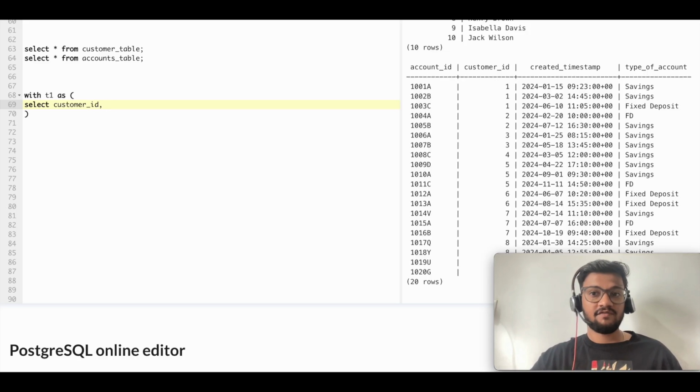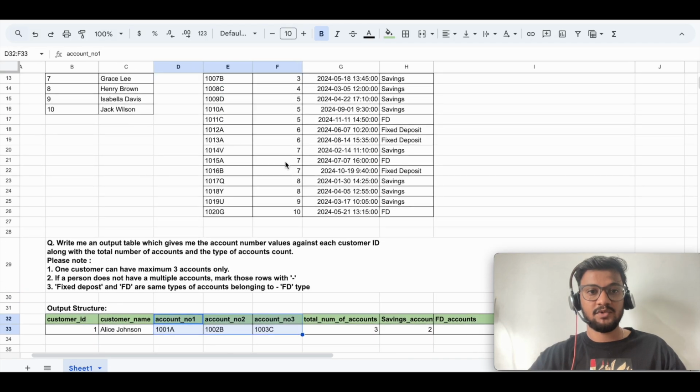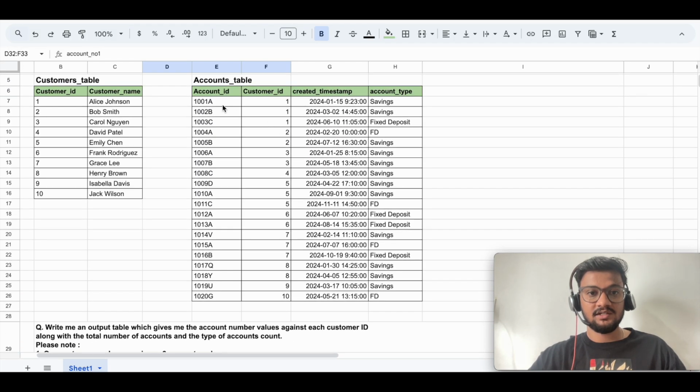So for that, first we will have to rank these accounts windowed on the customer and then give it a rank, and based on that rank we can assign whether this ID was 1, this ID was 2, or this ID was 3. In simple words, if I take this customer 1, we will create a window on this customer ID.